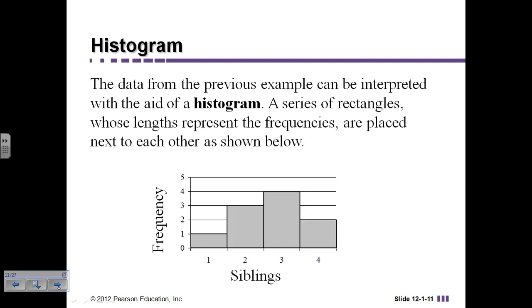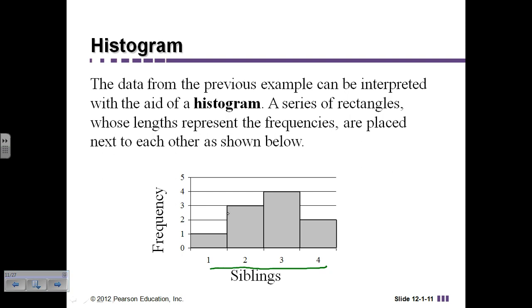So what we can do, once we have this frequency distribution, we can do other pictures with this information. We can do something called a histogram. And a histogram is just a series of rectangles. And if you'll notice what we have here, across the bottom were our choices. We could have 1 sibling, 2 siblings, 3 siblings, or 4 siblings. There was 1 student with 1 sibling.